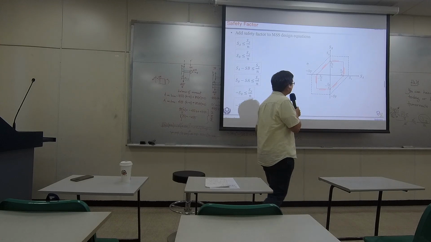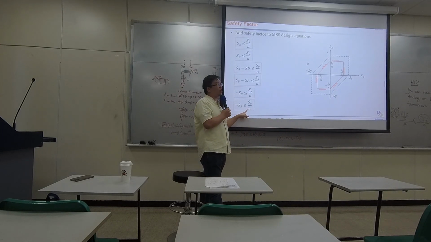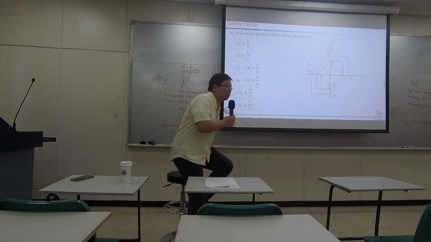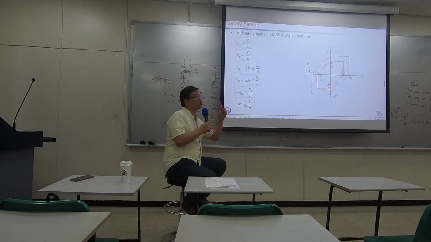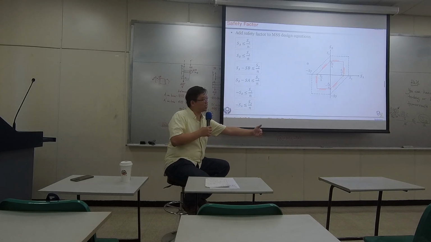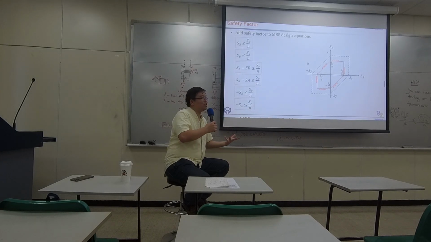How do you control it? You should make a decision on how much safety you want. So n is representing some kind of level of your safety. When n equals 1, there's no safety. It's like you can reach the edge. But if n goes to 2, it's like double the safety.